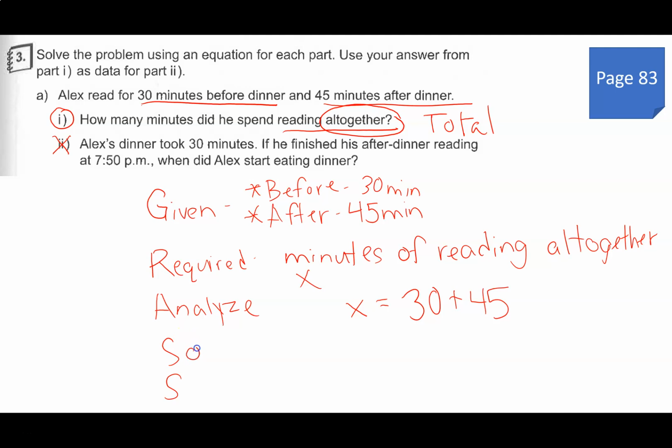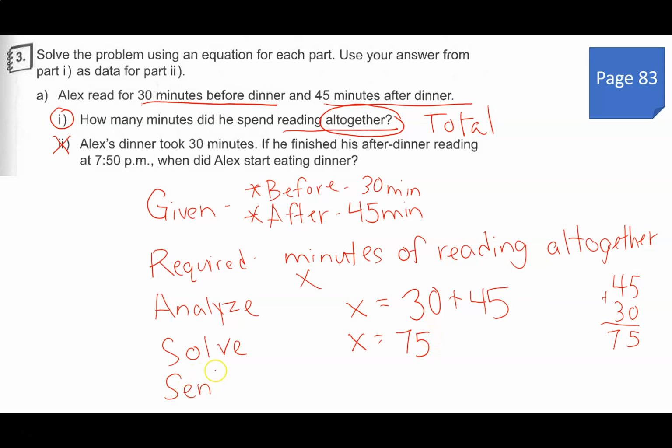Our first S in GRASS stands for solve. Now we're going to solve this question. If you would like, you can line these numbers up. 5 plus 0 is 5. 4 plus 3 is 7. So X, or the total number of minutes, is 75.